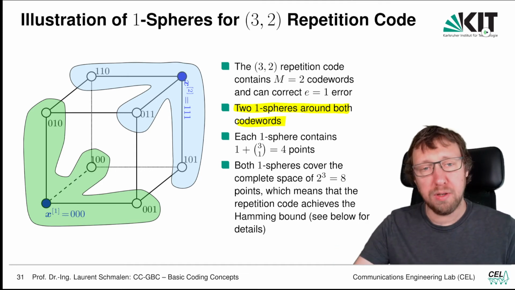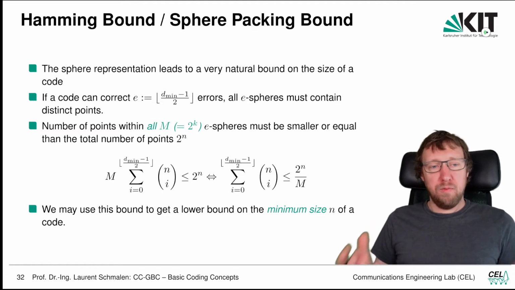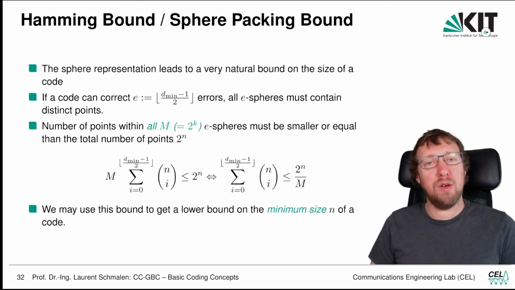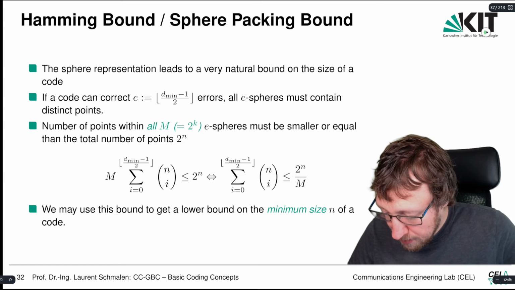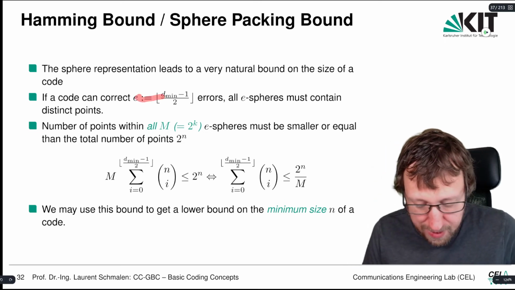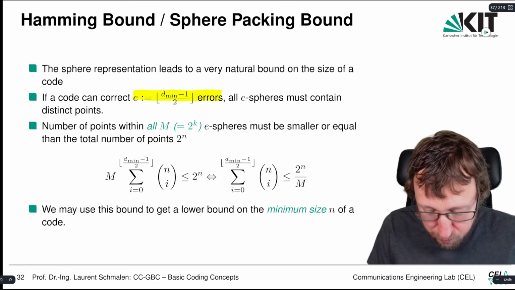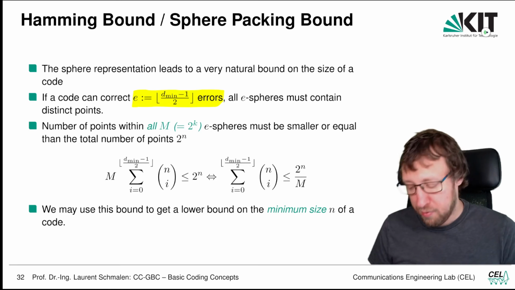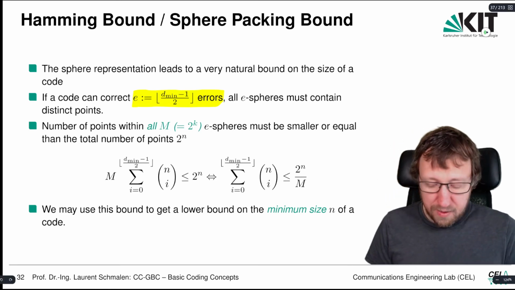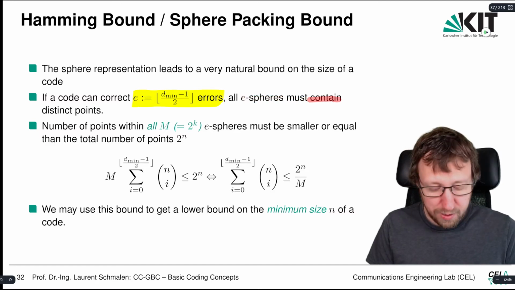What is the Hamming bound? The Hamming bound is the following. With this sphere representation, we can get a very natural bound on the size of a code. If we have a code that can correct E errors, where E is the floor of (minimum distance minus 1) divided by 2, then all the E spheres must contain distinct points.